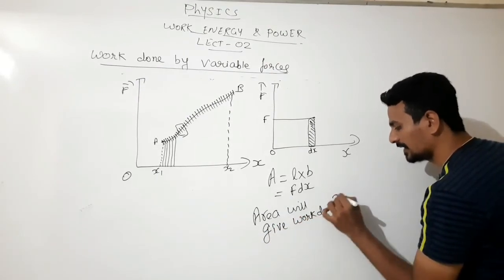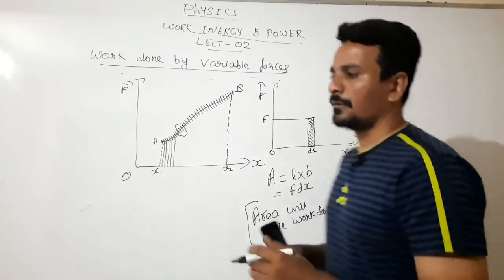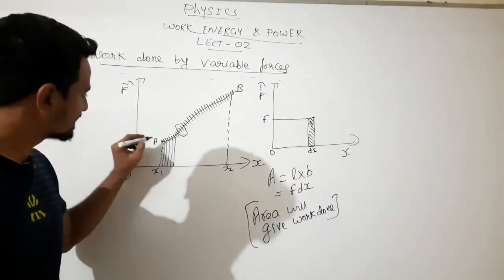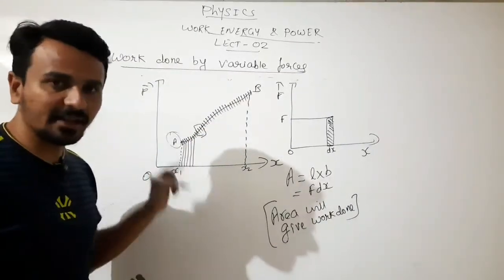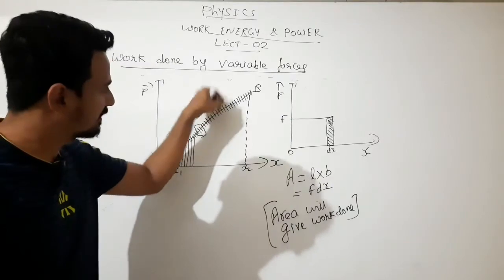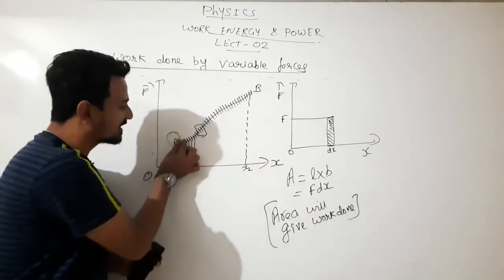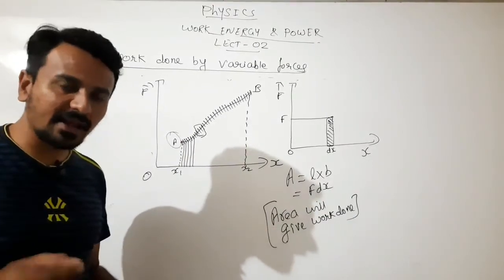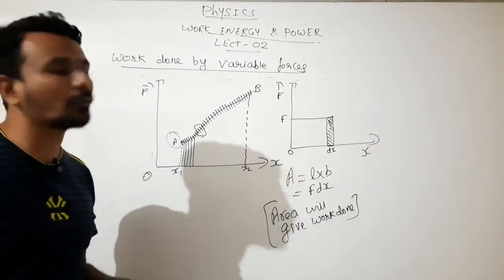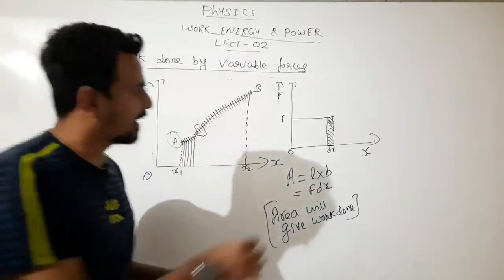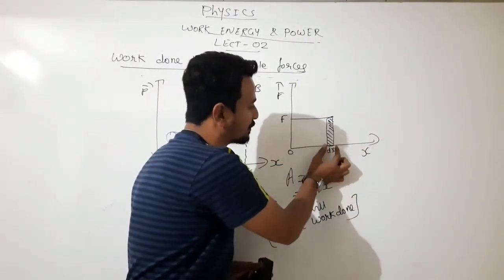Clear? Once again I'll repeat this. First of all, this is the graph for a particle. It is moving from say A to B under the influence of a variable force. I will divide the entire path, and for a very small displacement we'll calculate the area and then we'll see that the area will be equal to work done. I've just taken out the very small displacement dx.